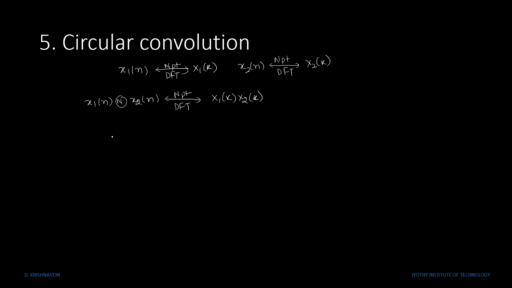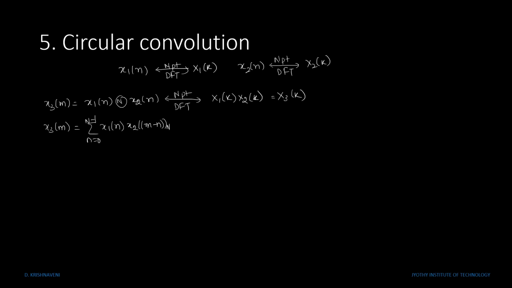The circular convolution is given by, if I consider this as x3 of m and this as x3 of k, x3 of m is equal to summation n equal to 0 to n minus 1 x1 of n x2 of m minus n modulo n.